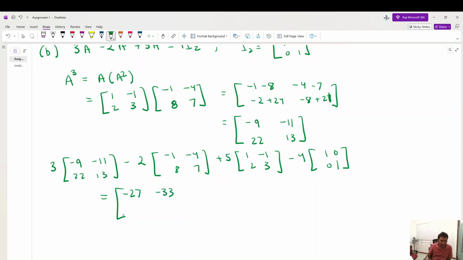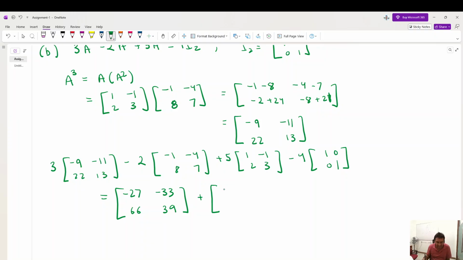Minus 33. This is what? 22, right? So 3 into 22, 66. So 9, 3, 39. If I'm making calculation mistakes, please forgive me. So you can multiply -2 inside, or have minus here and just multiply 2. One and the same thing. Let's multiply -2 inside.